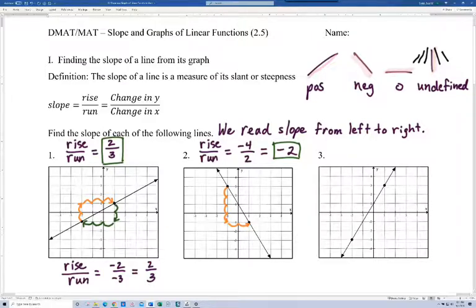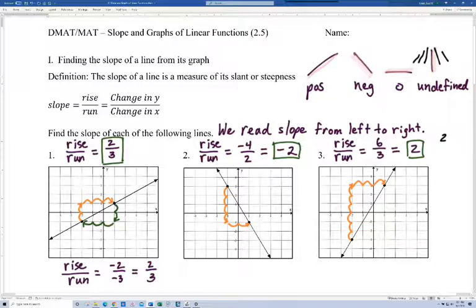All right, so again, I would encourage you to try 3 and then watch the video. All right, so we have rise over run is equal to, so let's see, from the left point here we go up. It looks like that's 6, and we went in the positive x direction, so that's 6 over our run, which is, well, let's see, 1, 2, 3, and so that's in the positive direction, so that's 6/3, which reduces to 2.